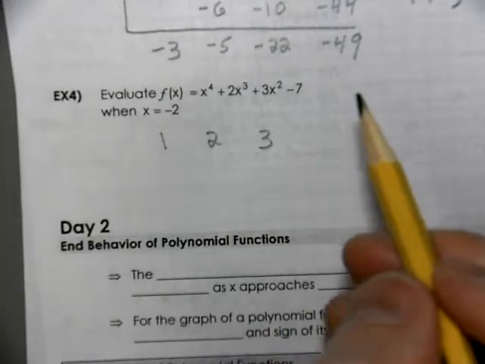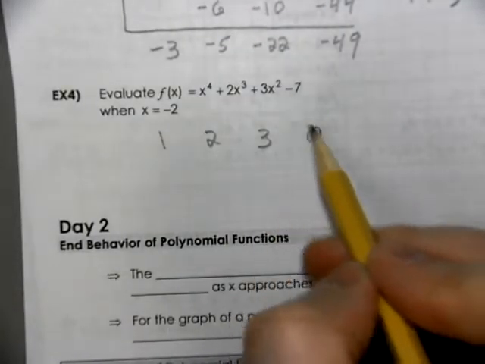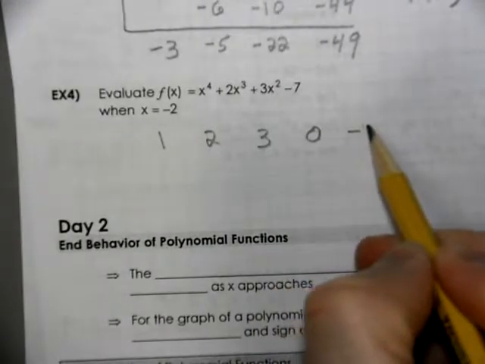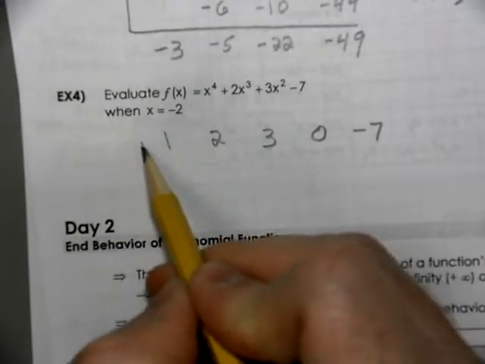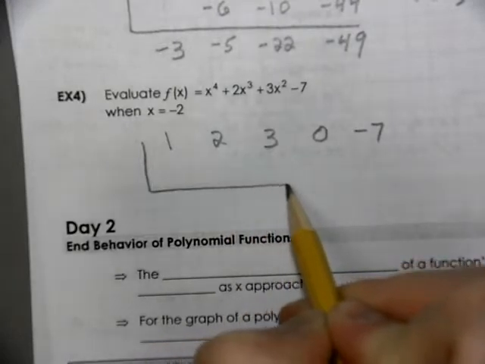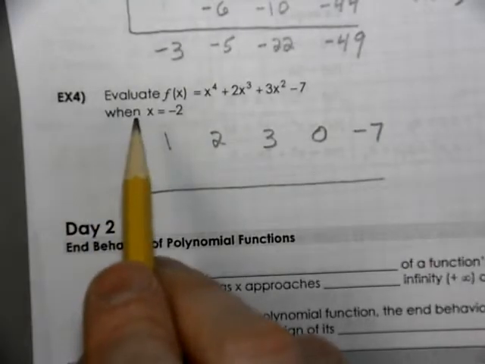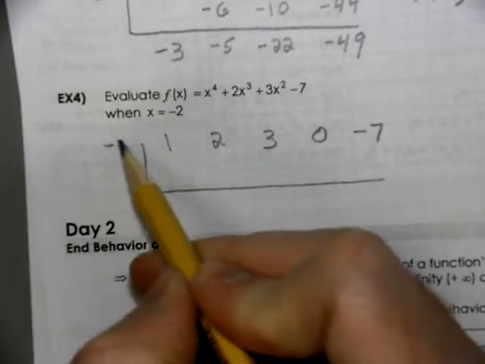X to the first power doesn't exist, so we have to put a 0 to represent that. X to the 0 power is a negative 7. Those are the coefficients for each of those types of x's. Place in the bar. You know that you're going to be substituting in x equals negative 2.